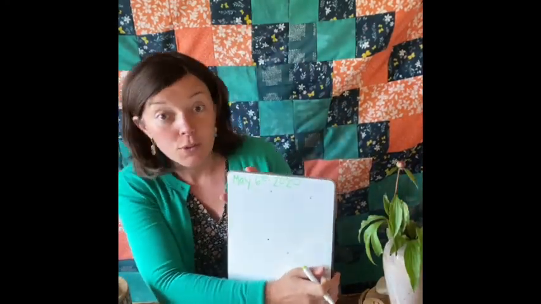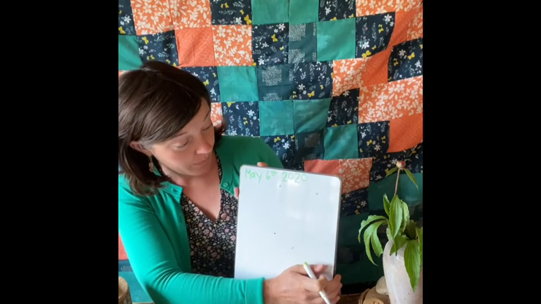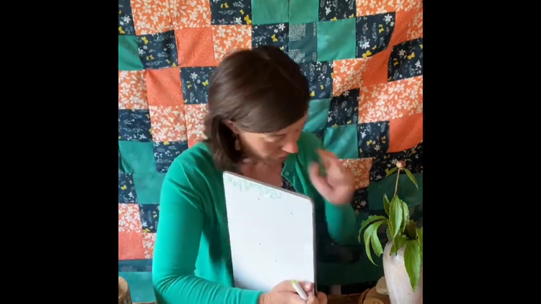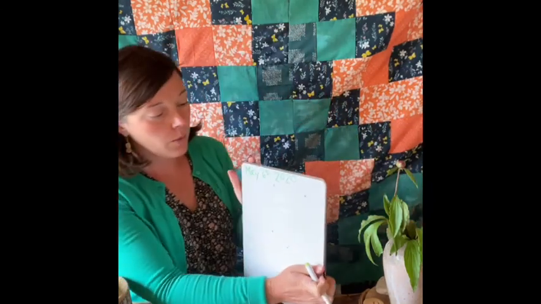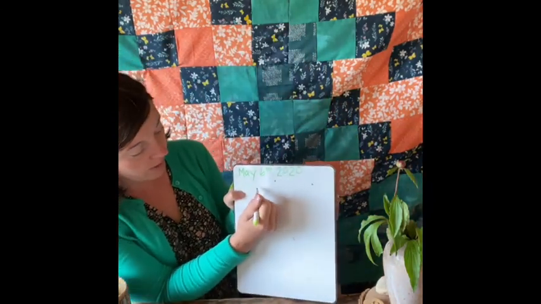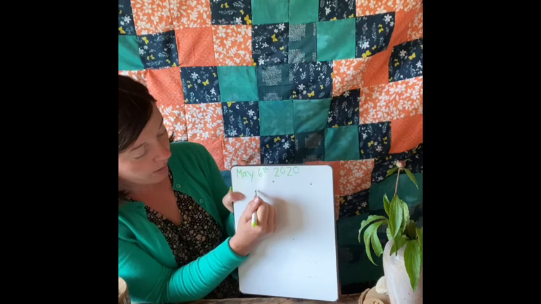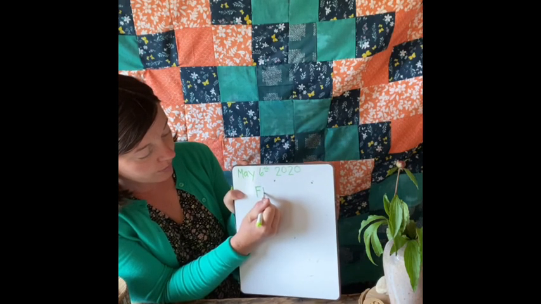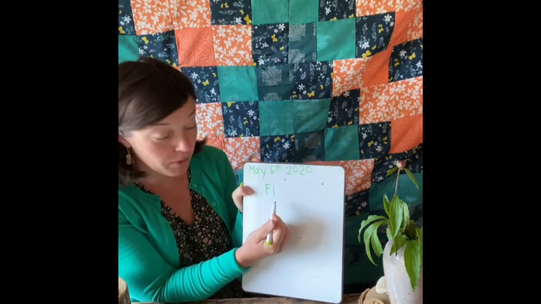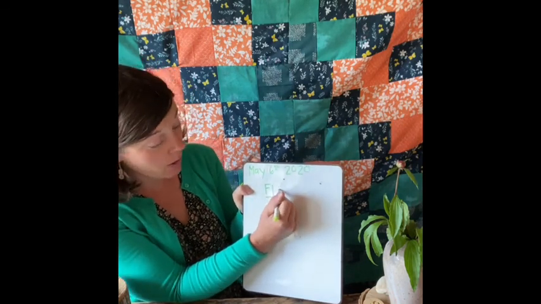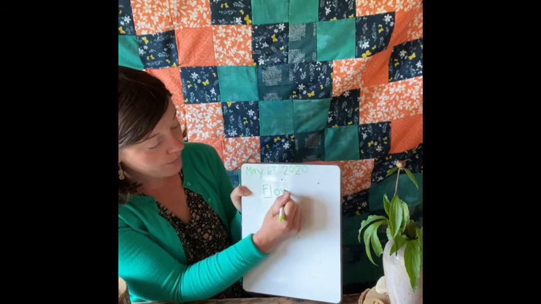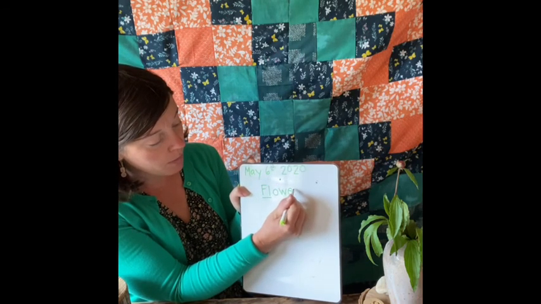May the 6th, 2020, and we are talking about the full moons. So tomorrow night we will see the flower moon. Full, there's a blending sound, FL, full, flower, flower moon.